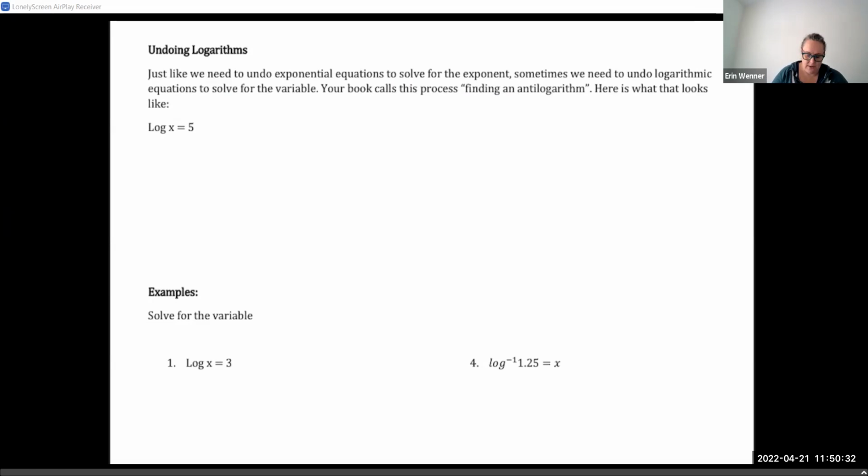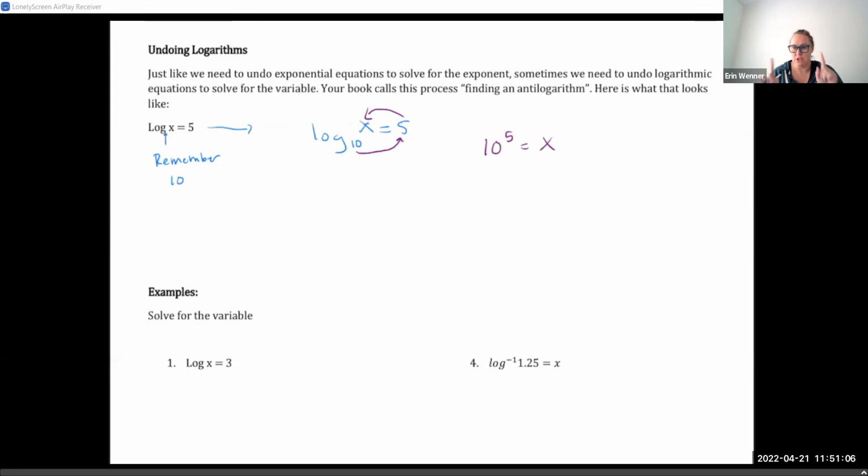If I have log of x equals 5, I want you to remember that there is a little tiny 10 there because log is base 10. So to solve for this, I'm going to rewrite this as log base 10 of x equals 5, which we then use to say 10 to the 5th equals x.